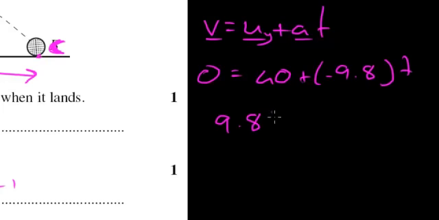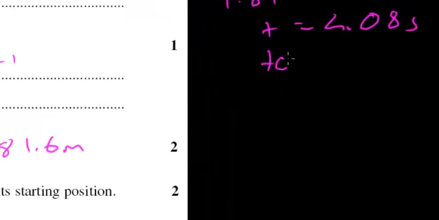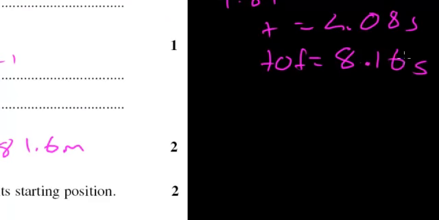So 9.8 t equals 40, t equals 40 divided by 9.8, which gives us 4.08 seconds. Now that's from A to B. But to come back, I need to multiply that by 2, and that's 8.16 seconds. So time of flight equals 8.16 seconds.